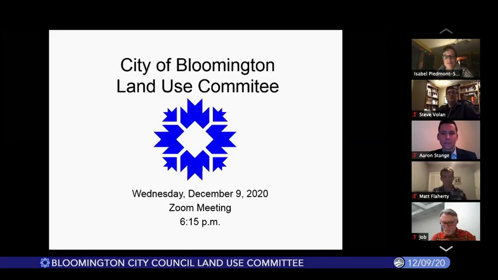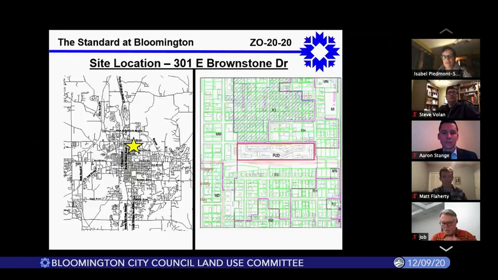Okay, yes, as you mentioned, this is a request from the Standard at Bloomington for a property at 301 East Brownstone Drive. The property is currently zoned as a planned unit development and has been developed with a high-density multifamily residential apartment complex. This site was zoned as a planned unit development in the mid-90s, late 80s, for exactly this use. It was a one-use PUD for multifamily apartments.